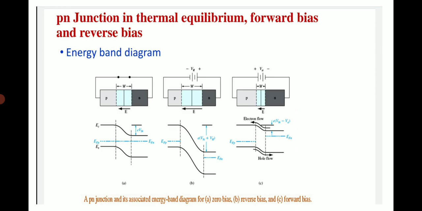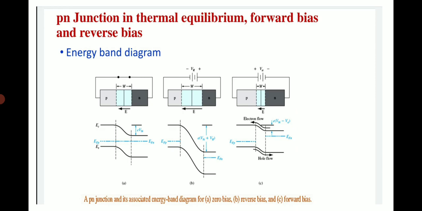The negative terminal is connected to the P region and the positive terminal is connected to the N region. In reverse bias, the holes are attracted to the negative terminal and the electrons to the positive terminal.